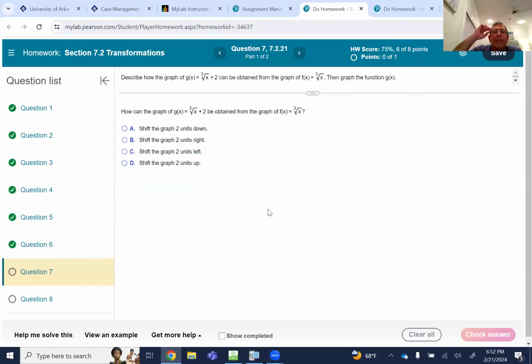So notice some of these, they're being pretty nice, and they're actually just giving you pictures. All right, y'all, look at this one. A cube root of x plus 2. Notice the plus 2 is not under the radical, so it's not inside those parentheses. It's on the outside. So is that plus 2 going to move this cube root of x down 2 units, right 2 units, left 2 units, or up 2 units?